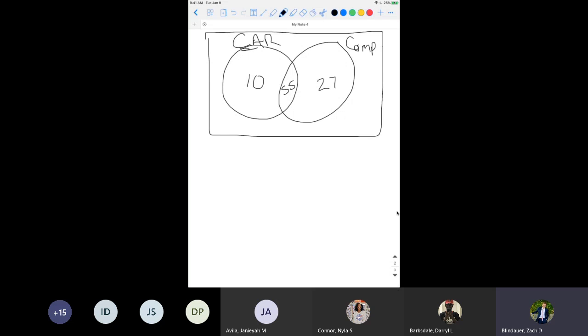We had a car and a computer, and they said they shared a 55% probability of owning both. So what I did is I put it right in the middle. Now, we talked about this last time too. 65% was a car. To get that 10%, you had to take the 65% and minus the 55% to get that 10%.